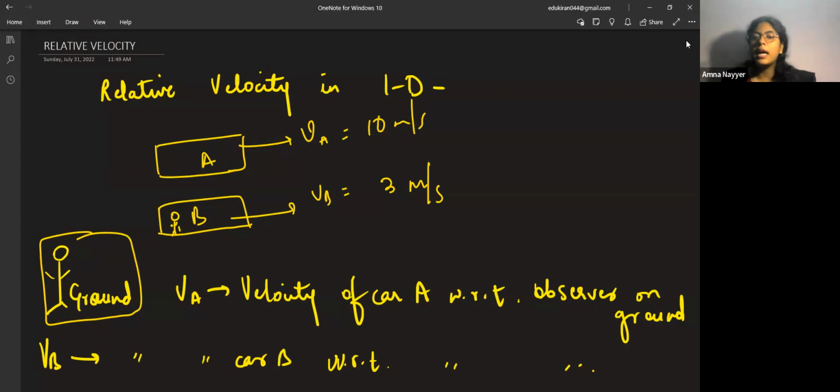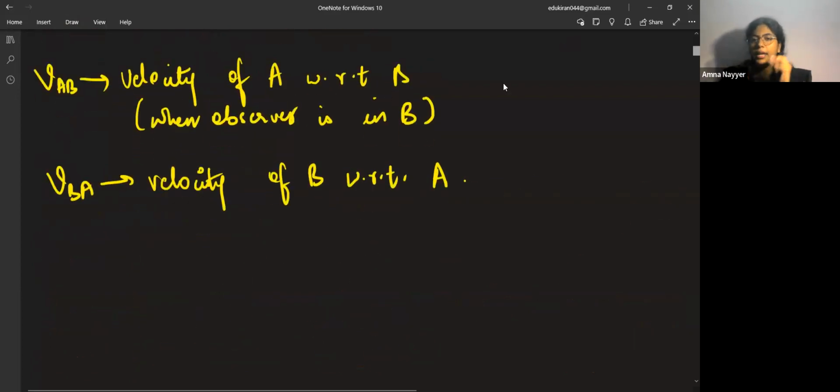Now, how to calculate relative velocity? We write it as VAB or VBA. Just understand the meaning of velocity of A with respect to B: it means the observer is in B. I am sitting in car B, car A is moving, and I am calculating the relative velocity.